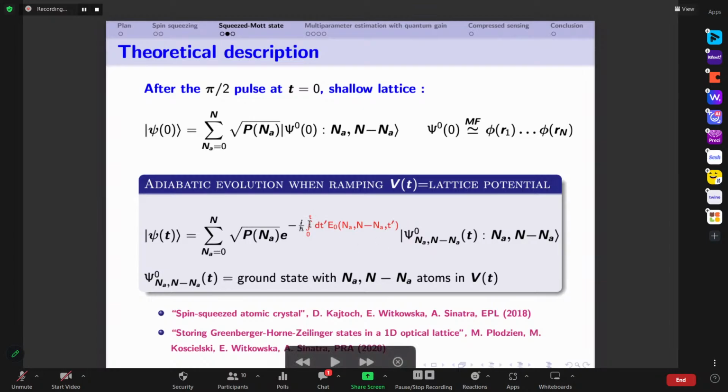And this phase builds up the squeezed state. And we showed in some previous papers that one can, in this way, create a squeezed Mott state with many atoms in 3D. And we also showed with few atoms, with exact simulation, that one can store in this way even more than squeezed states, like very quantum states, like Greenberger-Horne-Zeilinger states.